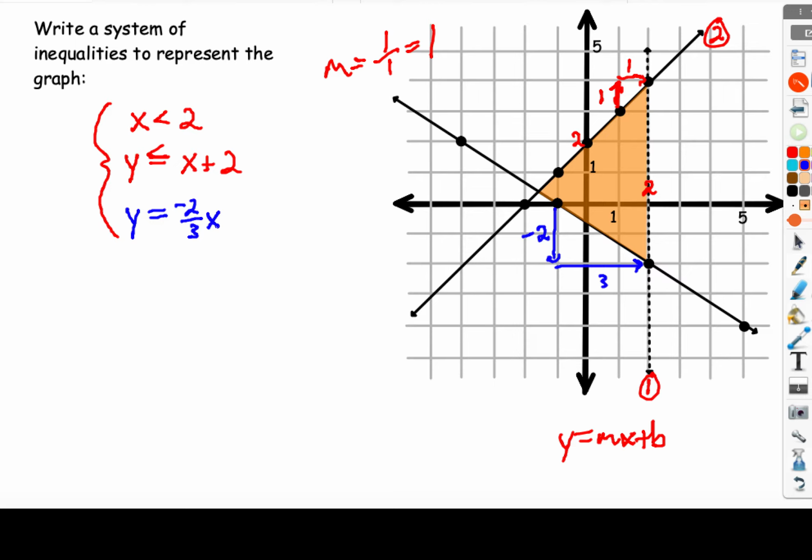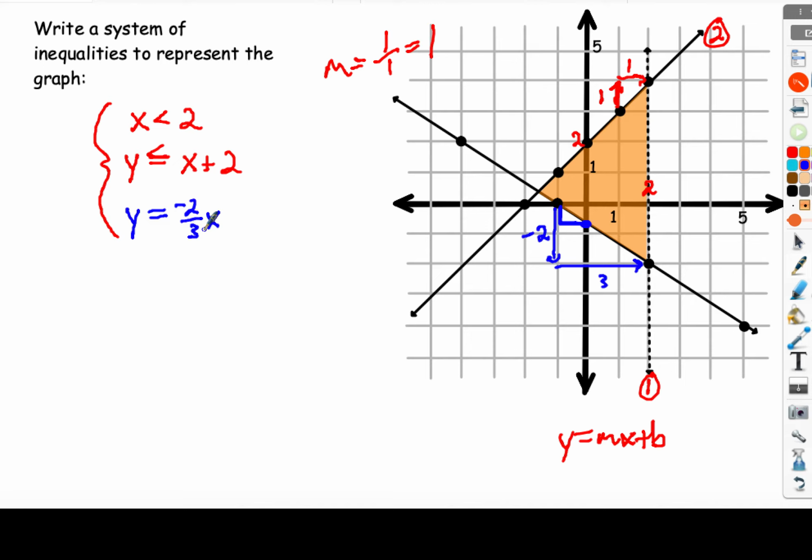Well, that idea that we went down 2/3 for every x value is going to be very helpful, because I really want to get from here to here. I need to find this point. Well, I only traveled 1 unit to the right for x, which means the slope of my line should have traveled down 2/3 of a unit.